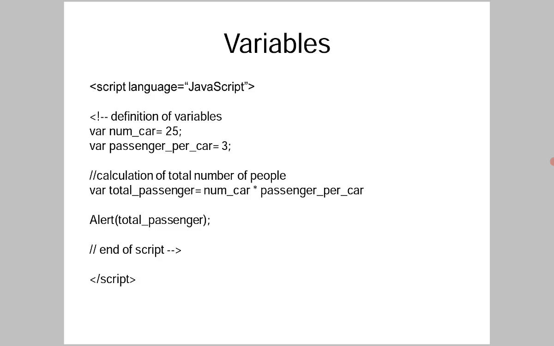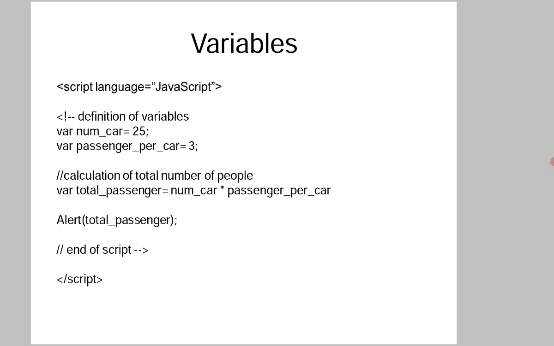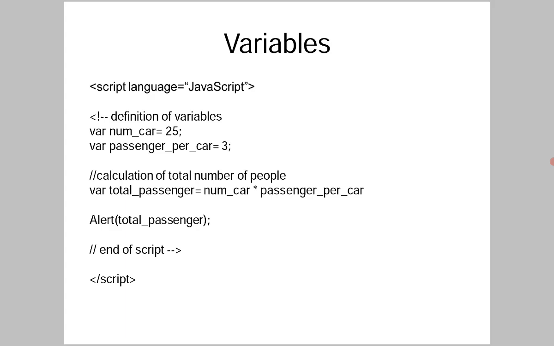Variables: what is a variable and what is a constant? We already know the definition of variables. Variables are used to store values, and these values may be changed during program execution.